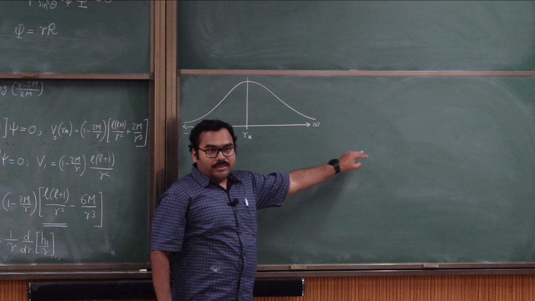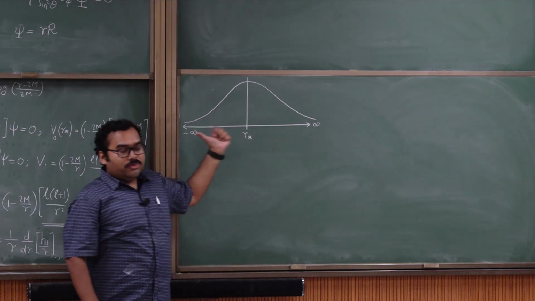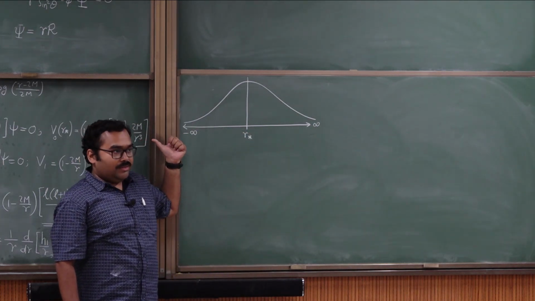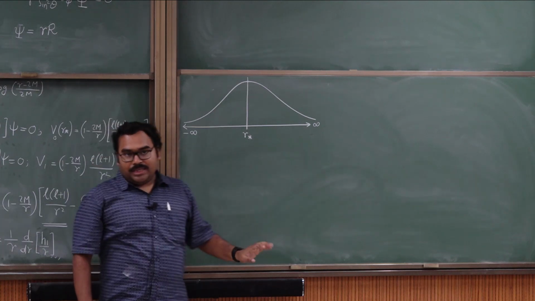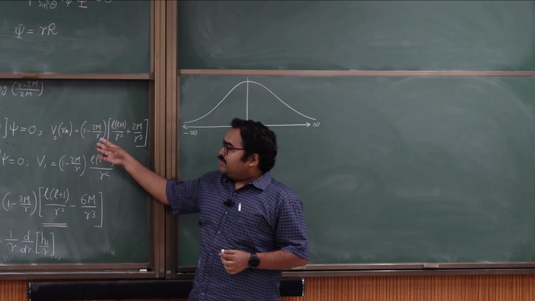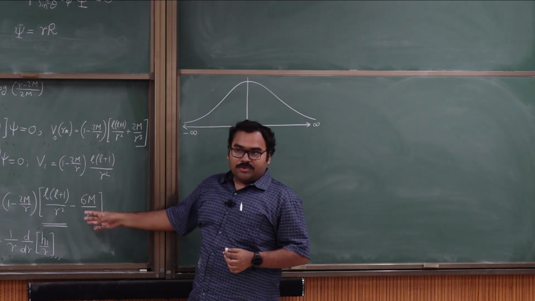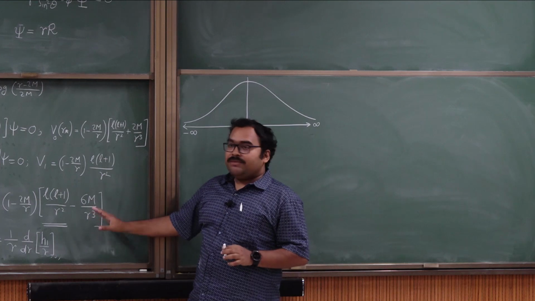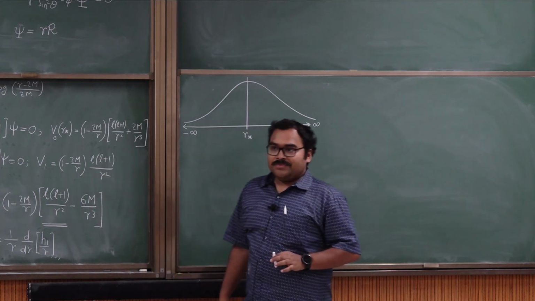It goes to 0 as you approach infinity. It goes to 0 as you approach minus infinity. So this is the generic nature of the potential for any of these cases, whether you take scalar, electromagnetism, or gravity. By gravity, I will just restrict myself to Regge-Wheeler.